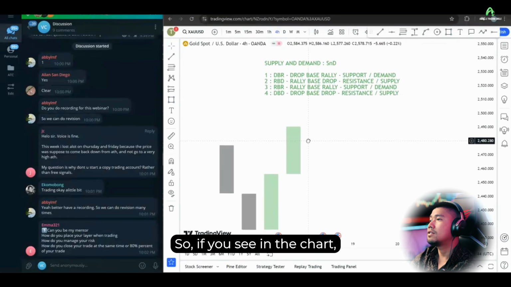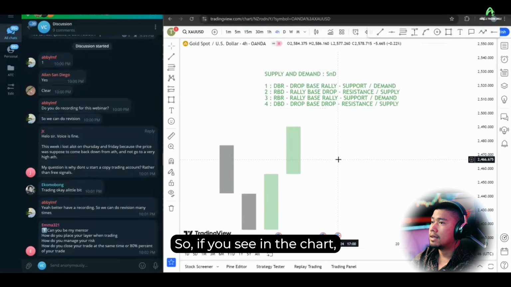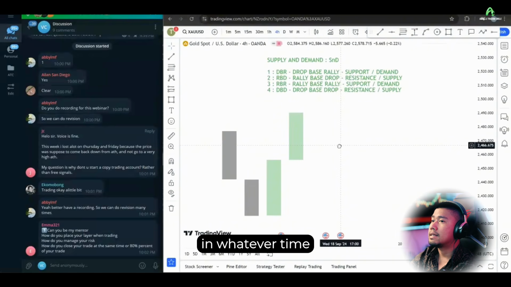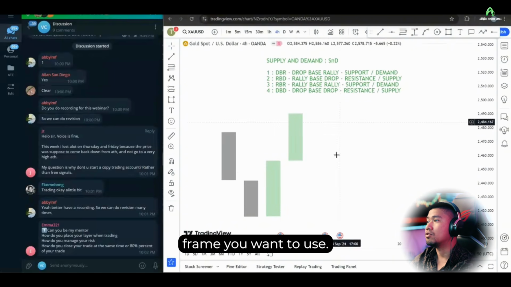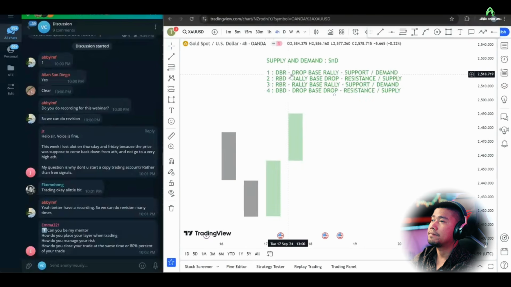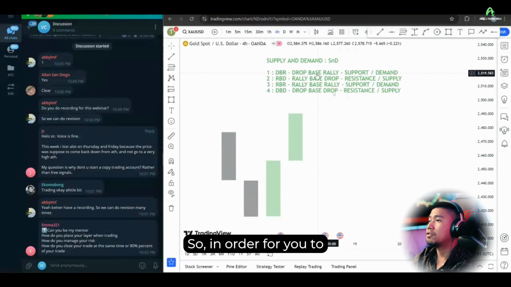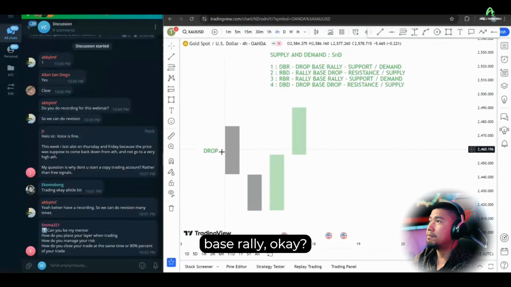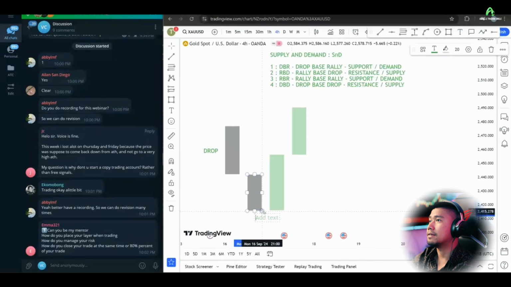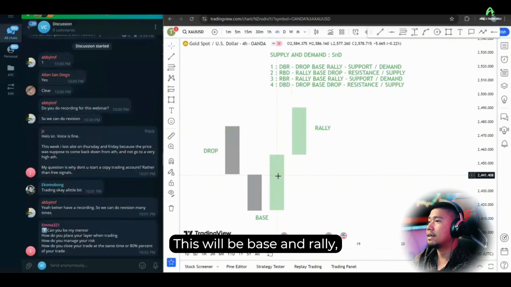If you see it in your chart, you can apply this technique in whatever time frame you want to use, even in M1. So in order for you to identify drop base rally, this will be your drop candle, this will be base, and this one rally.